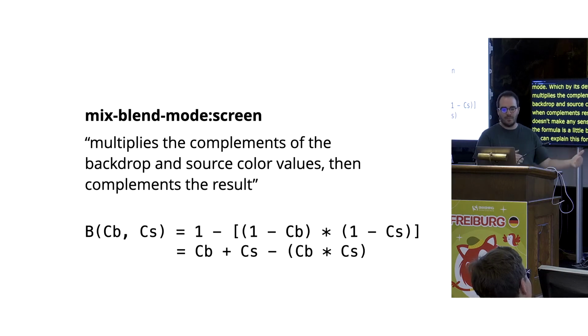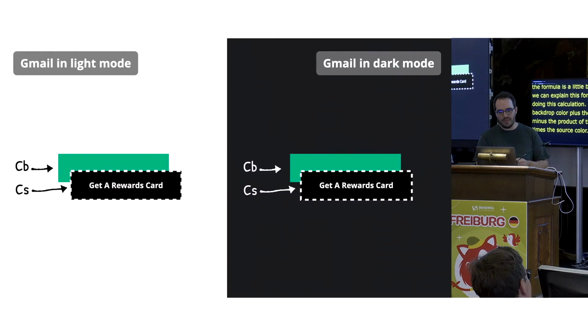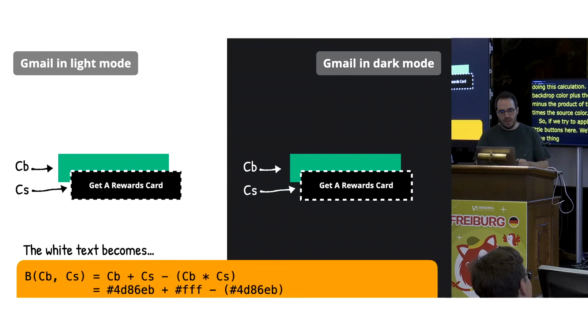That's the backdrop color plus the source color minus the product of the backdrop times the source color. If we try to apply this to our little buttons here, we've got the same thing on both modes, light and dark. So all we need to do is this calculation.